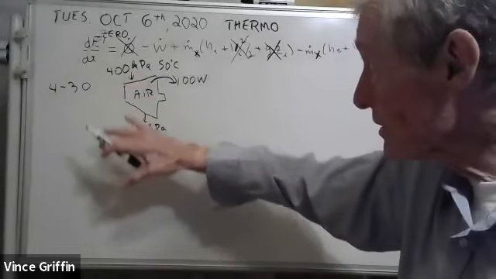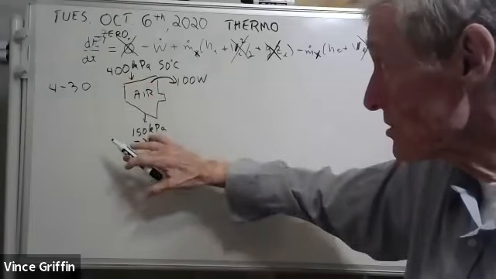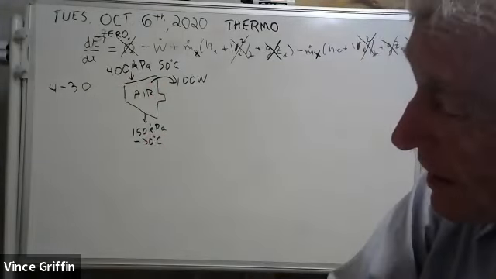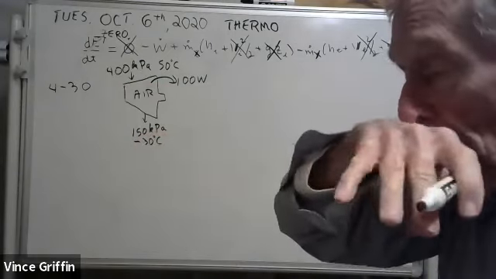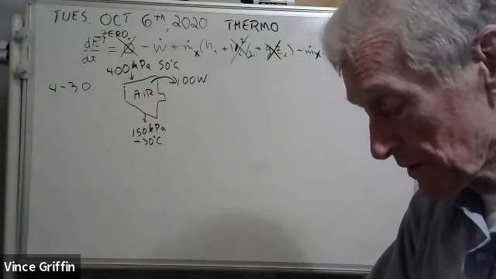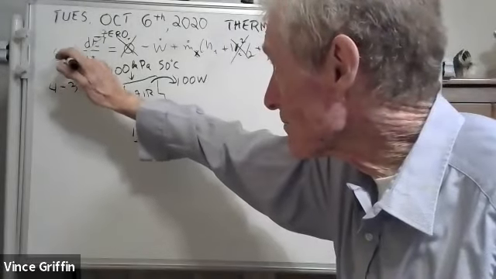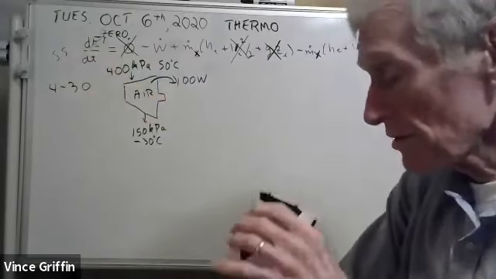That's 400 kilopascals and that's 150 kilopascals. That's a change in pressure, but it's with location, not time. That 150 ten minutes ago is the same as it is now. They call that steady state. In a steady state, that term is 0.